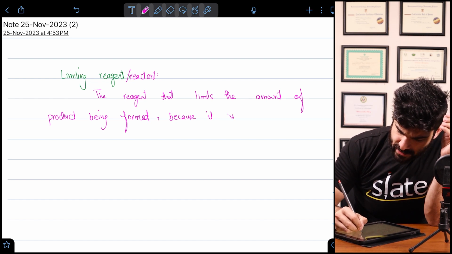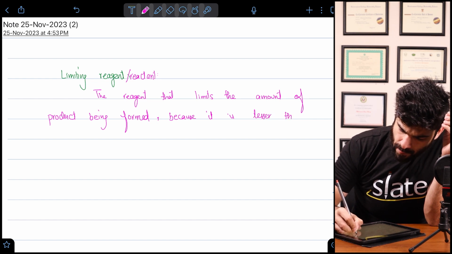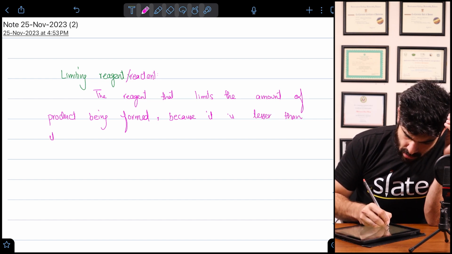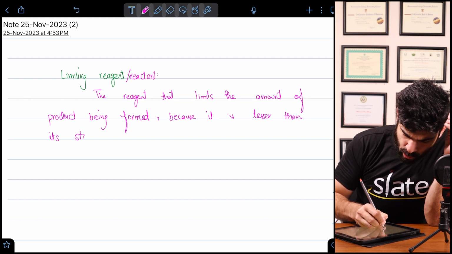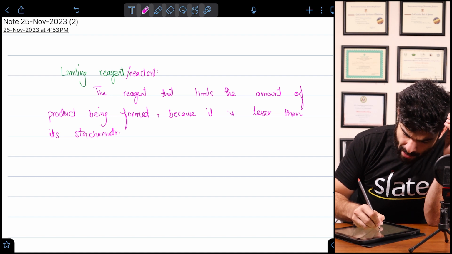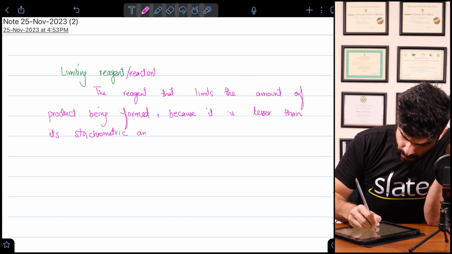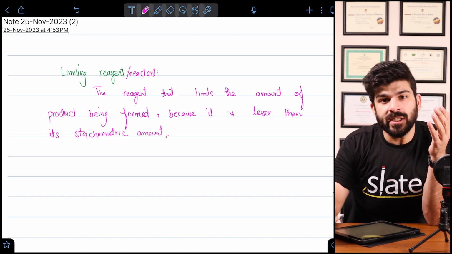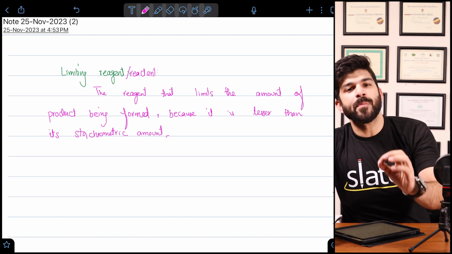it is lesser than its stoichiometric value. The amount of this reagent is lesser stoichiometrically.